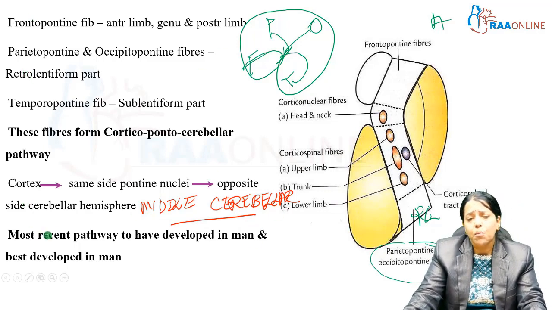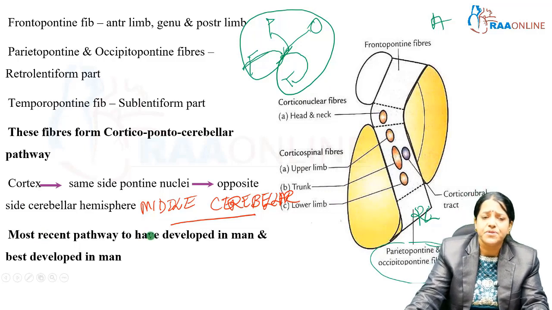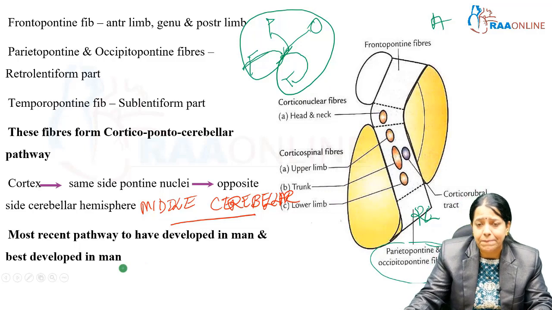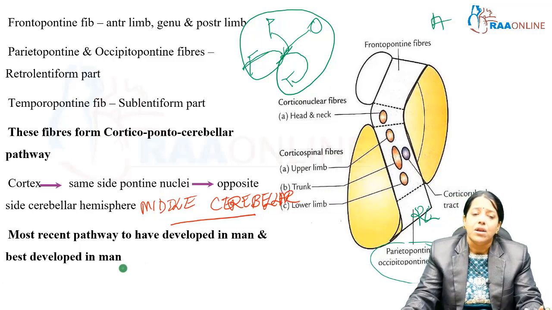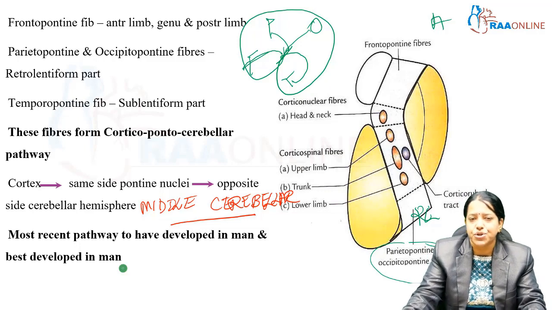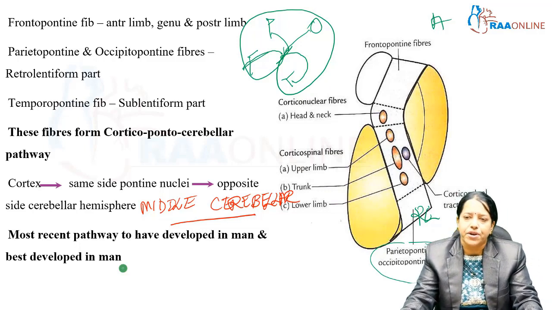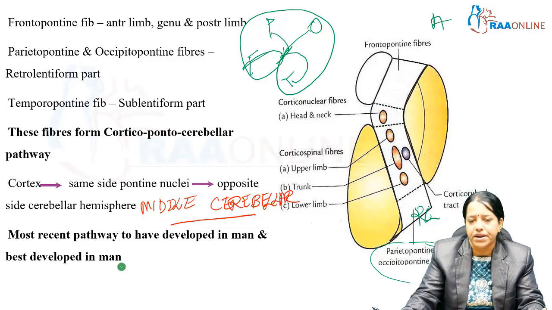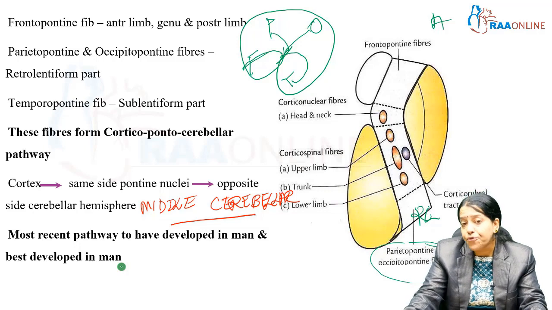Next, it is the most recent pathway to have developed in man, and it is very well developed in man. Man has a neocerebellum, which controls and gives coordination, and is also very important for preventing irrational movement, smoothening the movement, and with practice improving the movement.